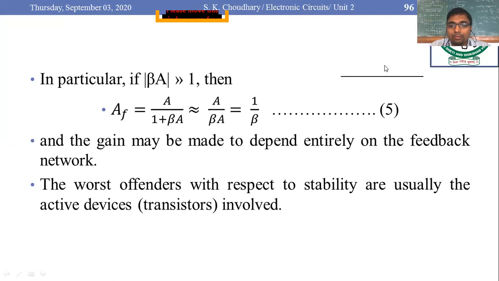But although the gain decreases, the stability of the circuit would increase.